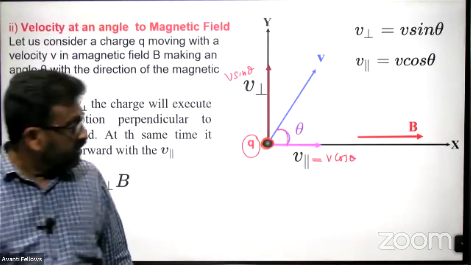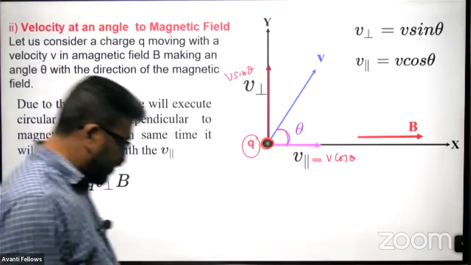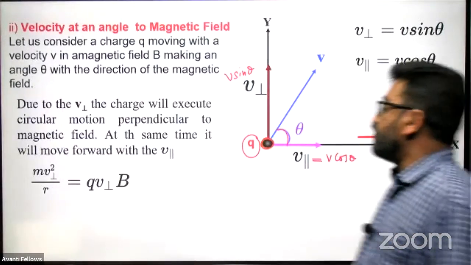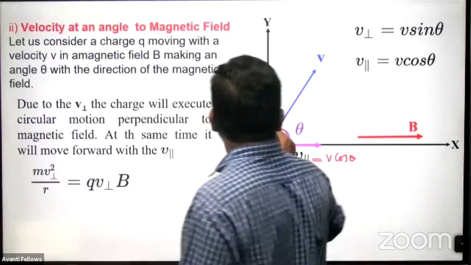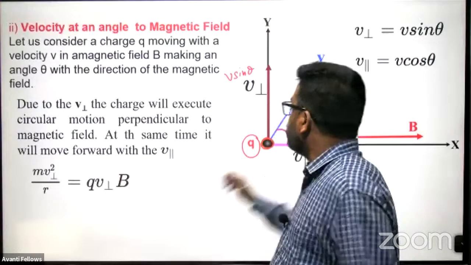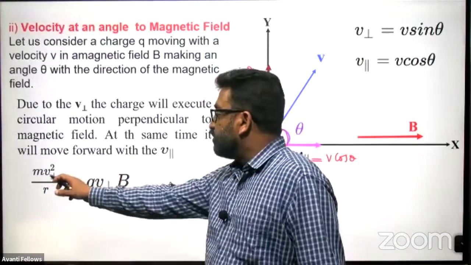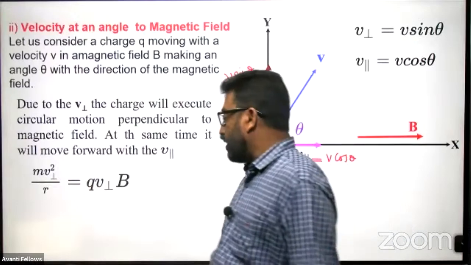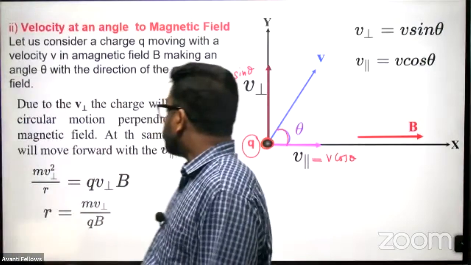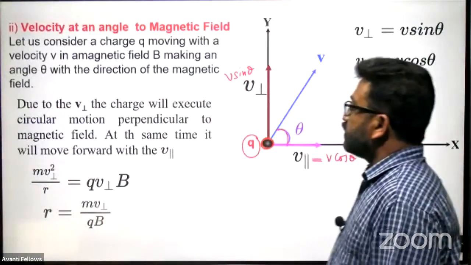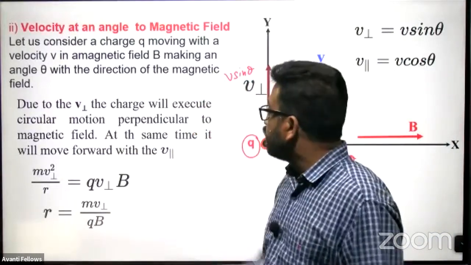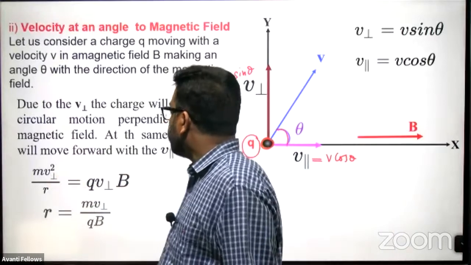Here m v perpendicular squared by r, that is the centripetal force, will be balanced by the magnetic force, that is q into v perpendicular into B. From that we get an equation for r. One v perpendicular and one v perpendicular will be cancelled here.